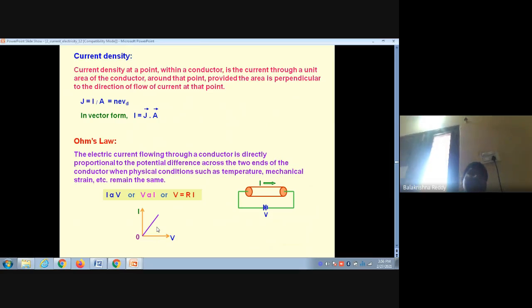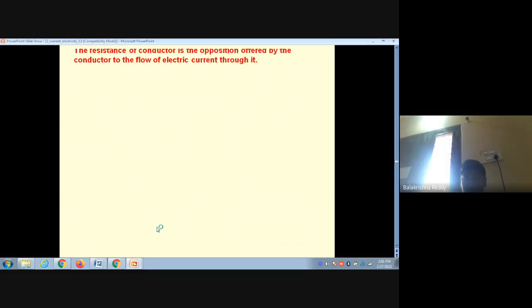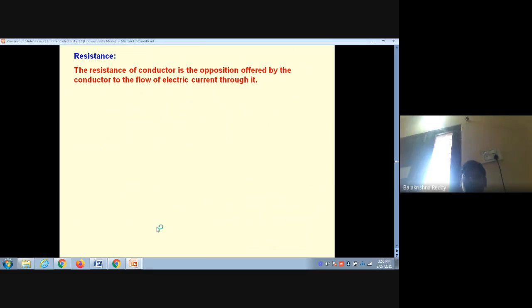If it is V versus I, then I call it the resistance graph. The resistance of a conductor is the opposition offered by the conductor to the flow of electric current through it.